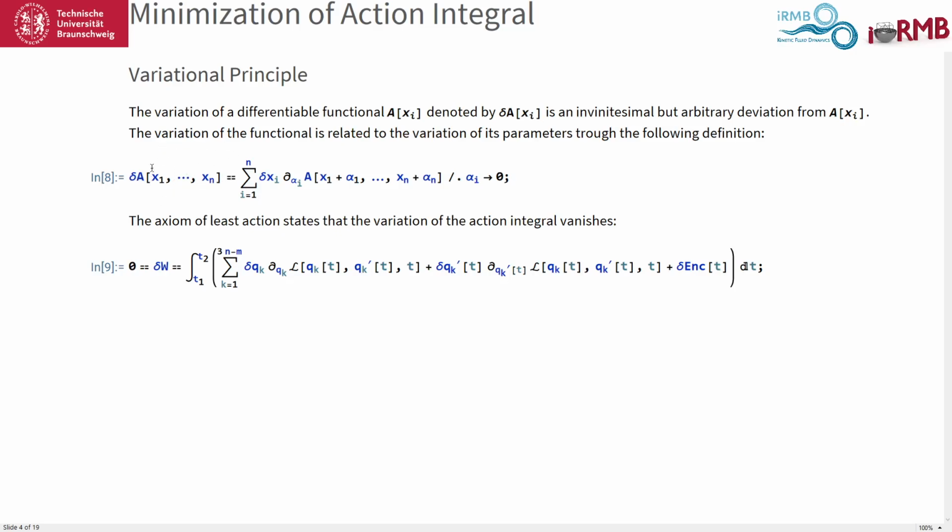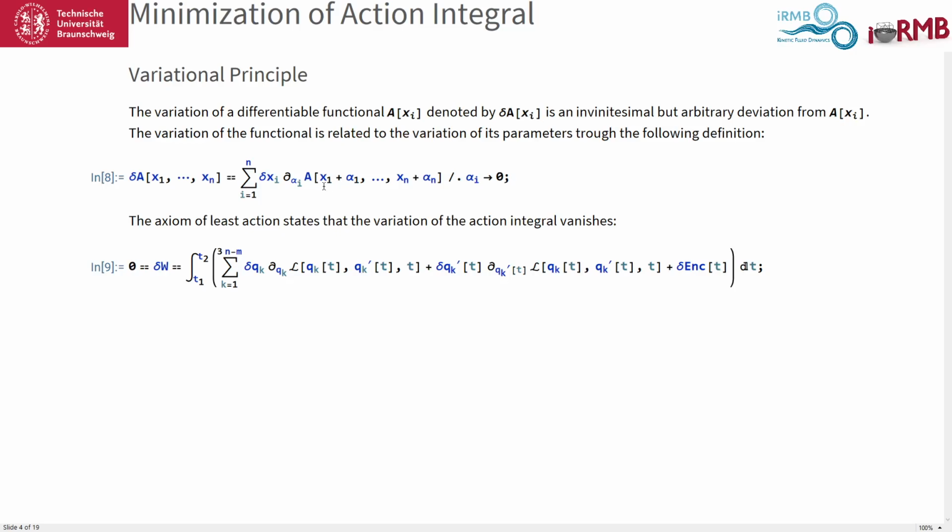If you have a variation of A, then by the chain rule it's the derivative of A by all the variables that it depends on, at a given position x_i, x_1 to x_n.